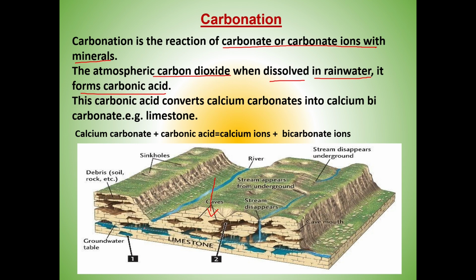For example, in this limestone region, we can see the water seeps into the ground and the carbonic acid acts on the limestone, dissolves more of it and changes the limestone structure, forming calcium ions and bicarbonate ions.